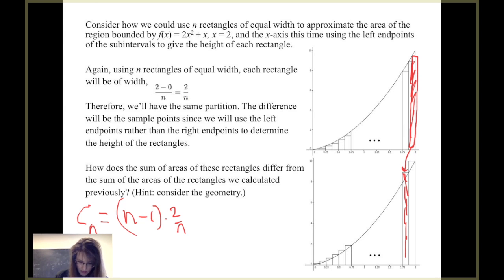And the area of the previous rectangle, this rectangle right here, is the area of the rectangle that would come just previously to that. So therefore, the two approximations differ only by the area of that last rectangle using the right endpoints.